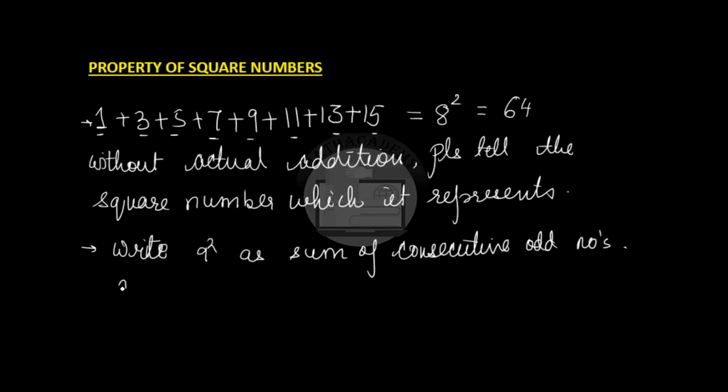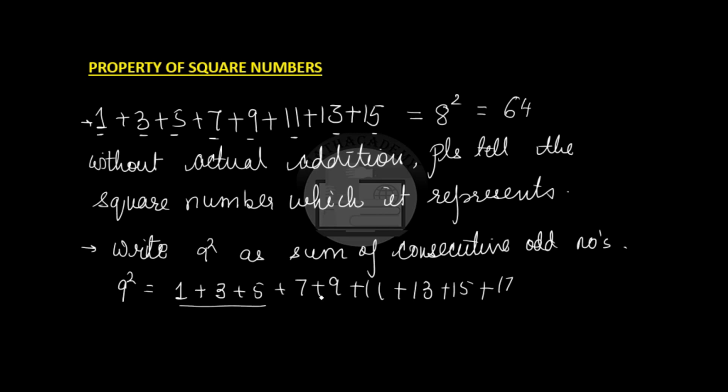For 9 square, there should be 9 consecutive odd numbers that have to be added, starting from the number 1. Okay, have I added 9? 3 more and 3. And if we see this, this will yield us a result of 81, which is the square of 9. So I hope this property of square numbers is very clear to everyone.